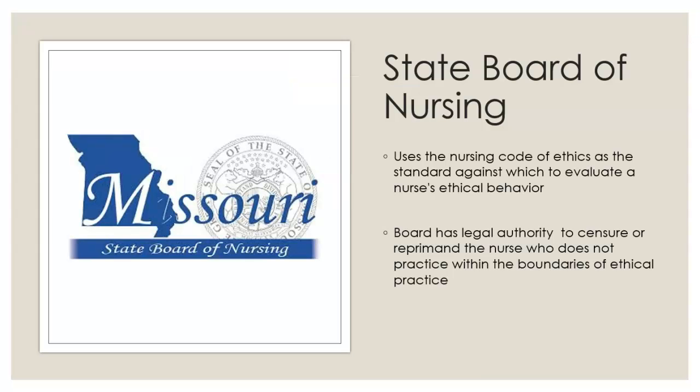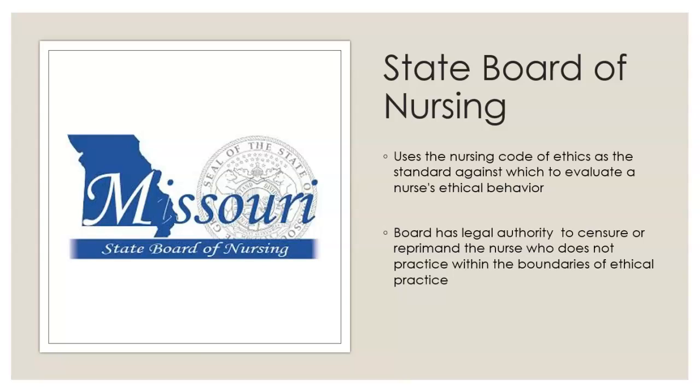The state boards of nursing, and of course we're in Missouri, so our Missouri State Board of Nursing, uses the Nursing Code of Ethics as a standard against which to evaluate a nurse's ethical behavior. The board has legal authority to censure or reprimand the nurse who does not practice within the boundaries of ethical practice.